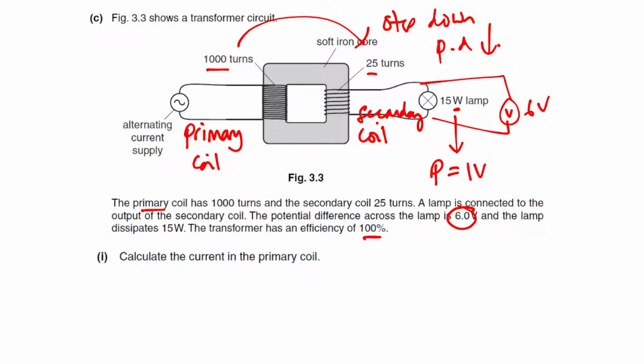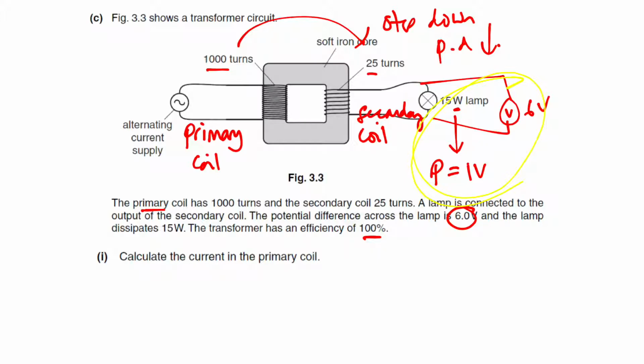In this case, we're assuming that there's 100% efficiency, so no energy gets lost. We need to calculate the current in the primary coil. First thing to do is a bit of logic. What do we know? Well, we know this information over here.